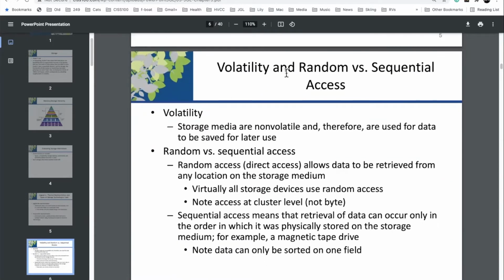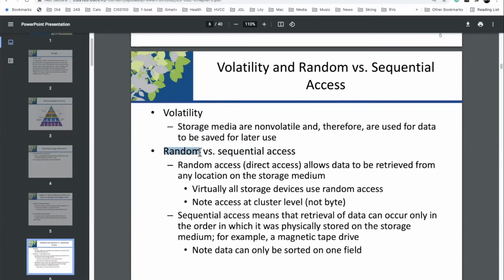Volatility, random, sequential access. Well, I've already introduced volatility, right? We have volatile memory, non-volatile storage. Random versus sequential access. This used to be easier to teach back in the day when people were still using cassette tapes for music. Inside a computer, memory, random access memory, right? It's byte addressable.